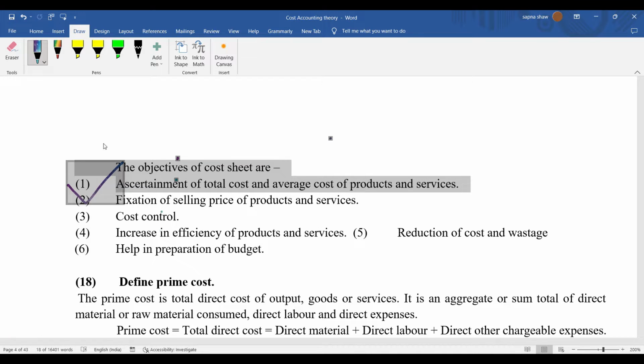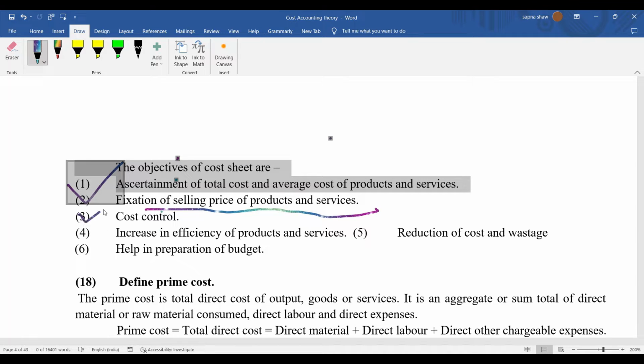The next is we want to fix the selling price. Once we ascertain the cost, it will be easier for us to decide the selling price of the product.